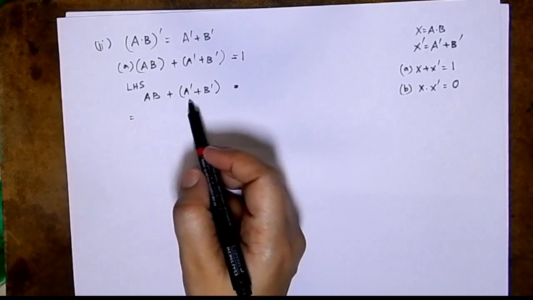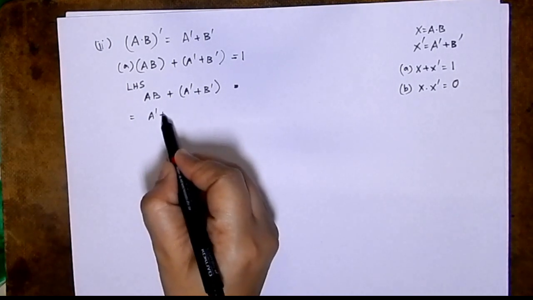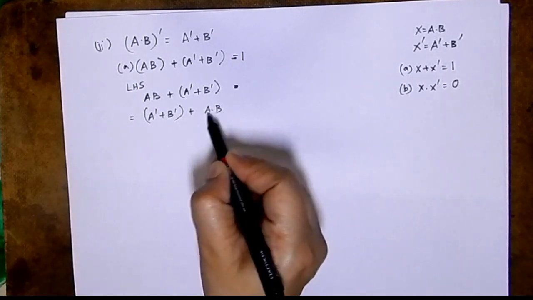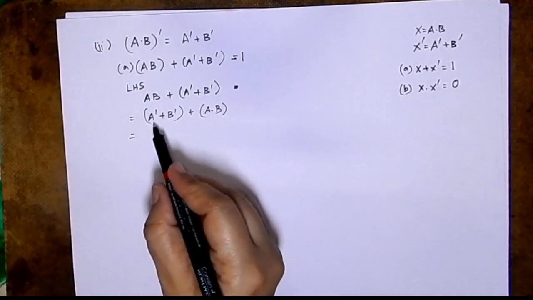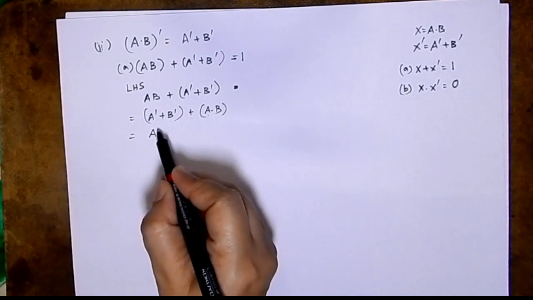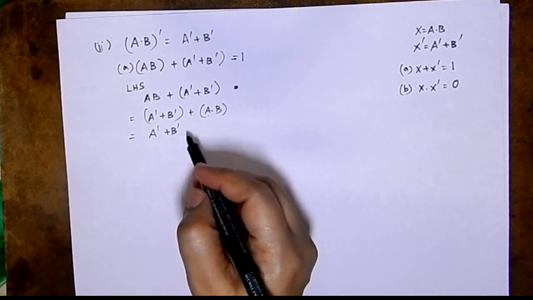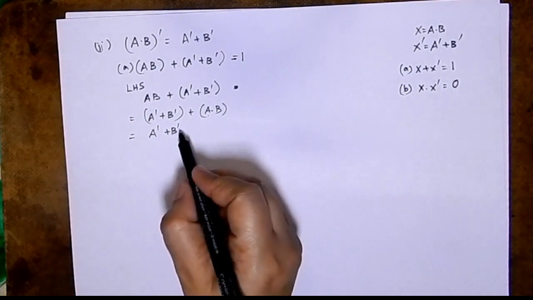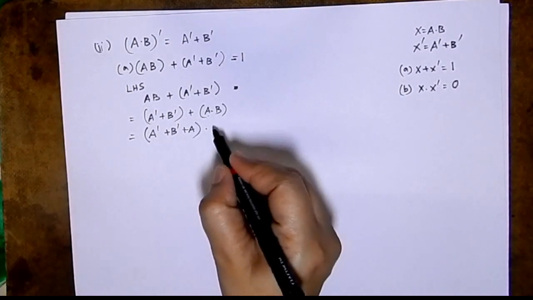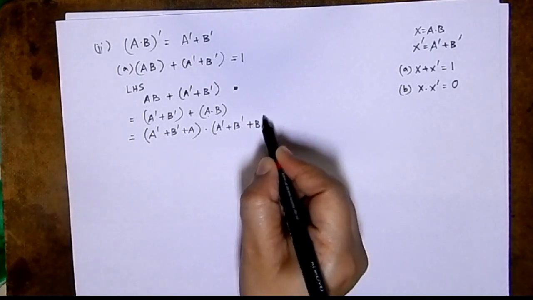So again, using distribution law, I will write it the other way around, that will be easier to look at. So distribution law says that this plus this, that is (a dashed plus b dashed) plus a dot (a dashed plus b dashed) plus b.